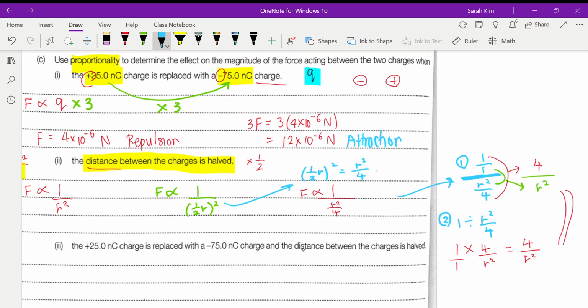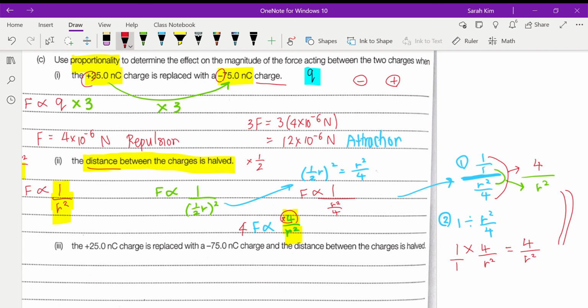So if I write it again, my F is proportional to 4 over R squared. Have a look. How is it different from the original equation? Well, hopefully you can see that this factor of 4 has appeared, so it's kind of like a times 4. So I have to make sure I times 4 to the F as well.